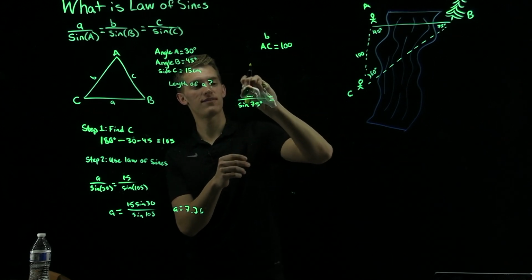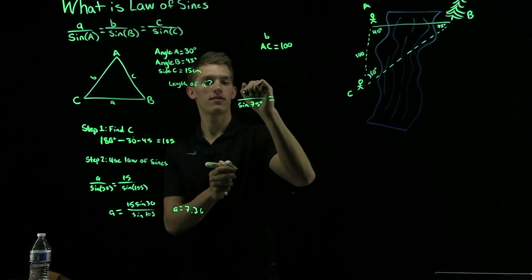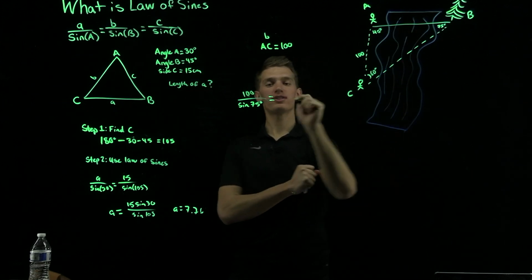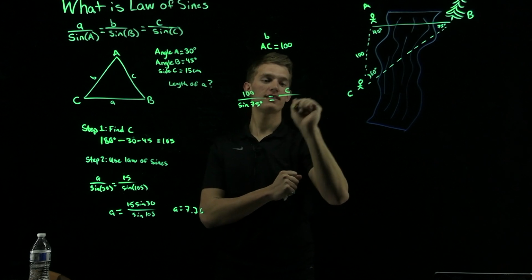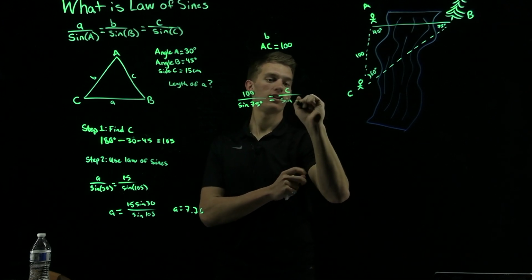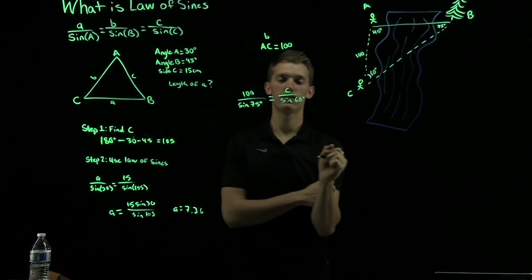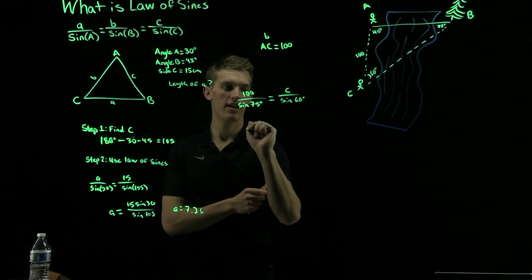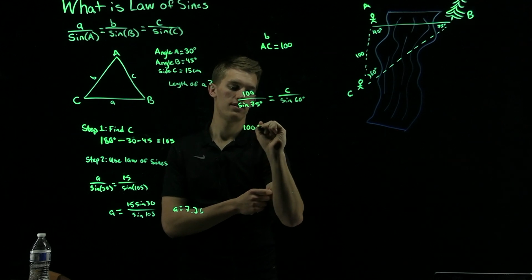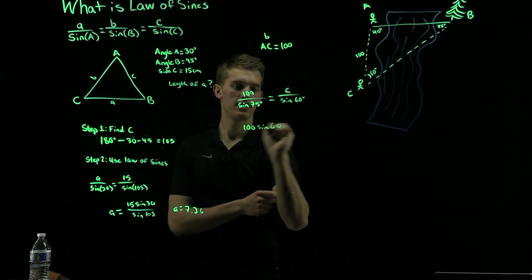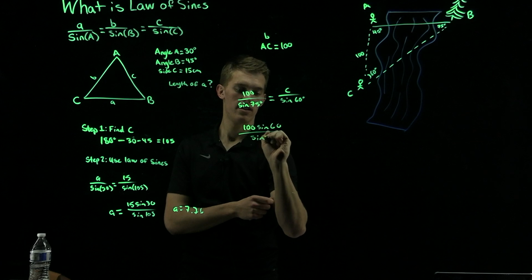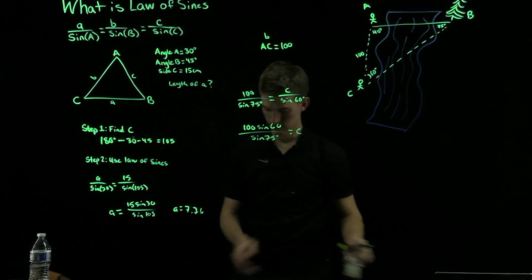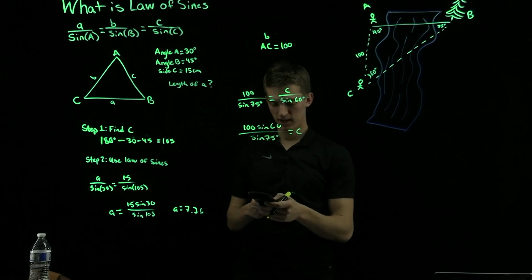That's some given data that we know. Okay, and we're looking for C. So C and its angle is sine 60. And so you rearrange this a little bit and you get 100 sine 60 over sine 75 degrees equals C.